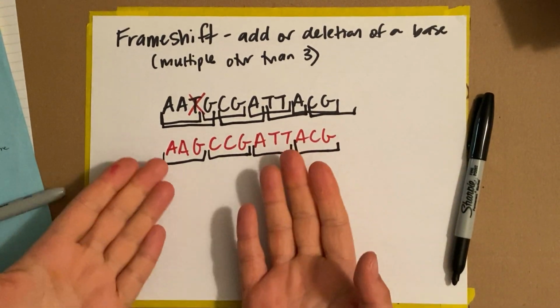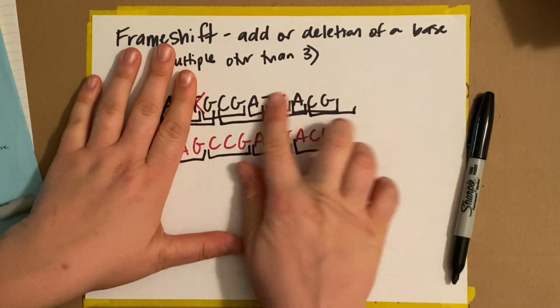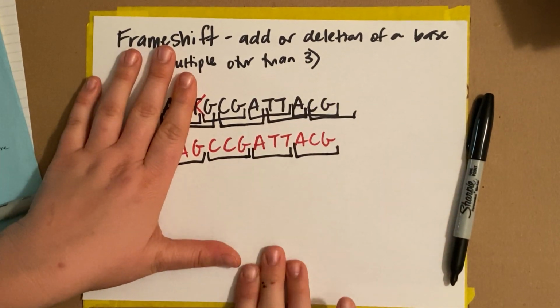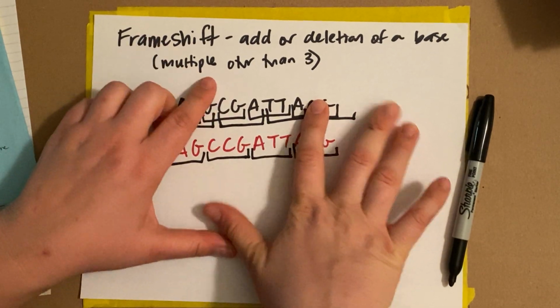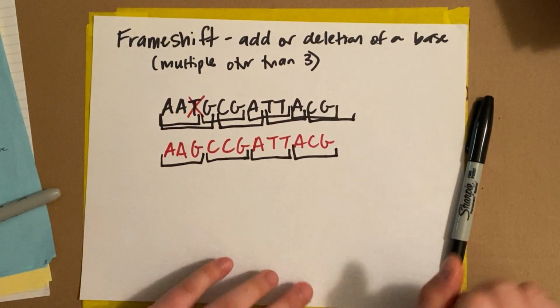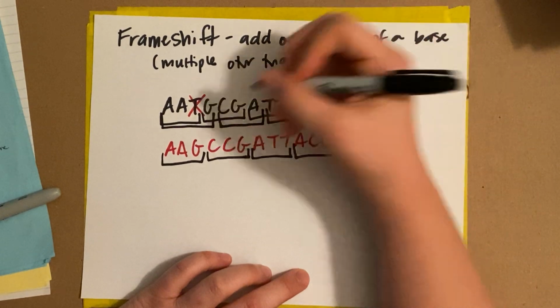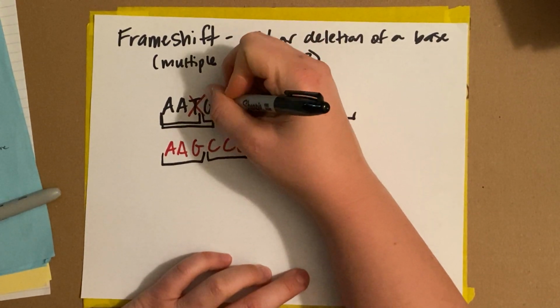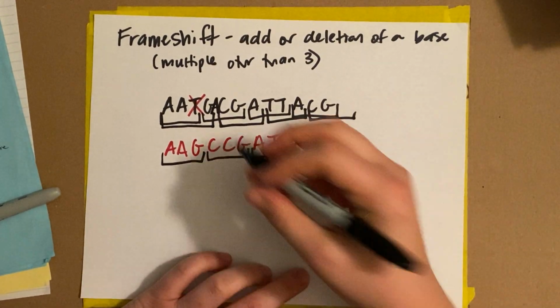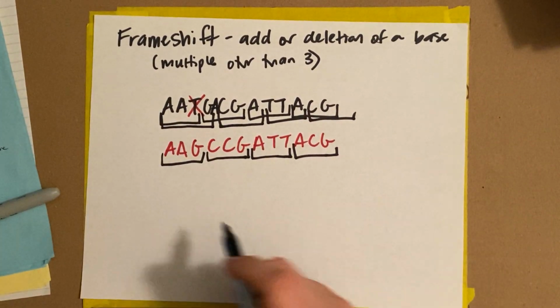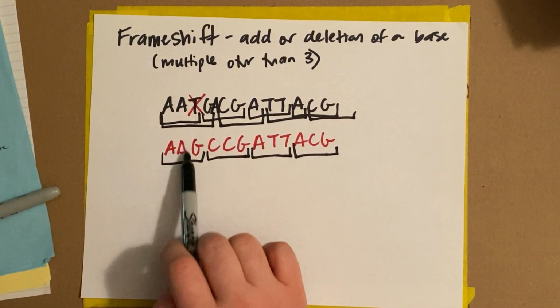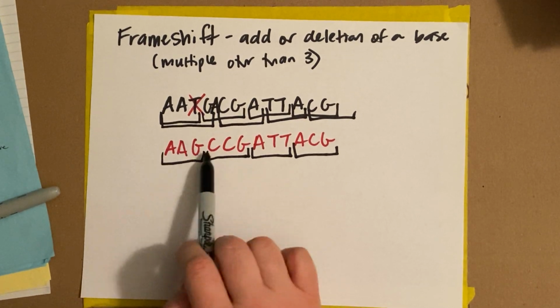If you remove 3, because the codons are 3, you'll just remove one whole amino acid, but all the other amino acids should stay the same. But if you do anything other than 3, you'll have a problem. This also would be a problem if you added in an extra one, okay? Because if you add in another base, you're going to shift how you're reading again, okay? Because you always read in 3s, and so if you add in something new or delete it, it's going to cause this to shift, okay?